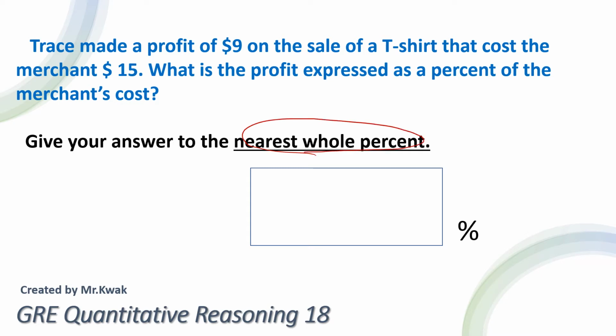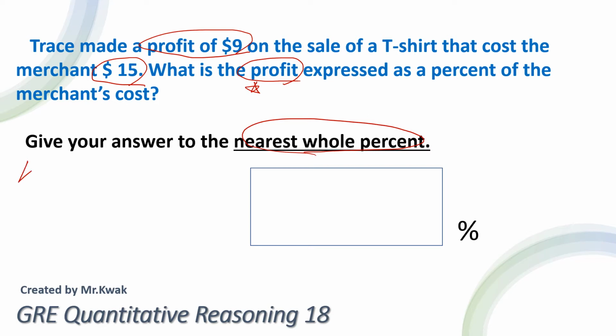First of all, what we have to remember is that we have to represent the answer as a whole percent. And then they are asking us to get the profit. Trace, in other words the merchant's profit, is $9 and the t-shirt cost is $15.